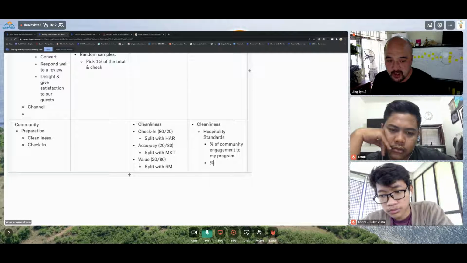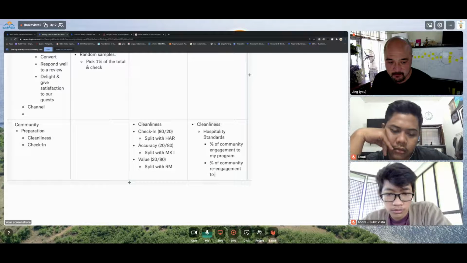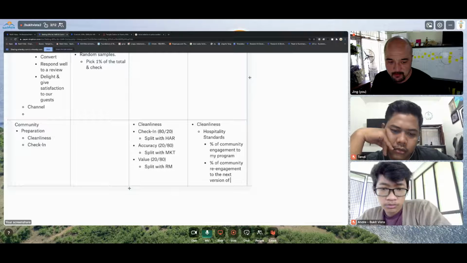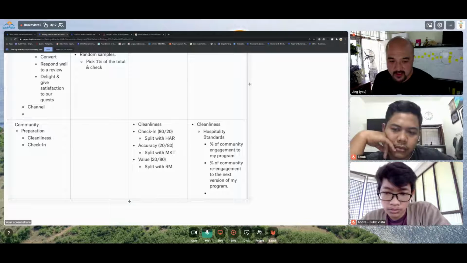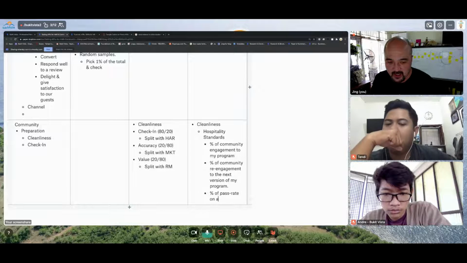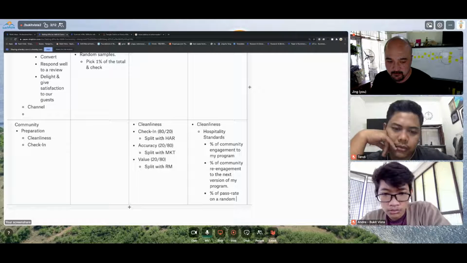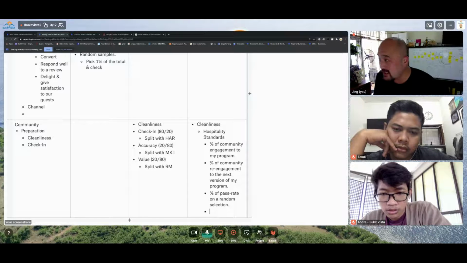What is the percentage of community re-engagement to the next version of my program? You can see what is the percentage pass rate on a random selection. I don't know. These are all micro KPIs.